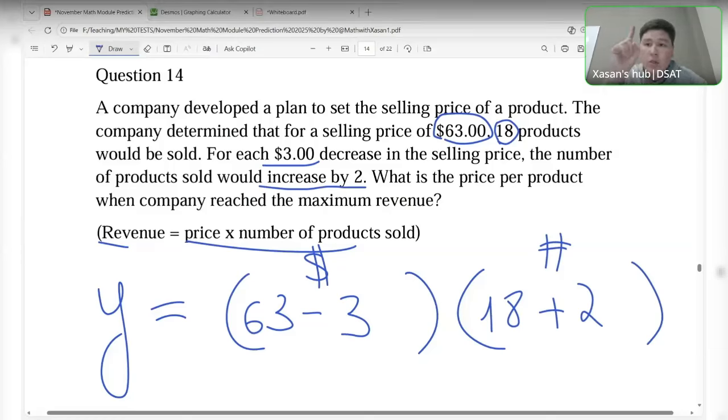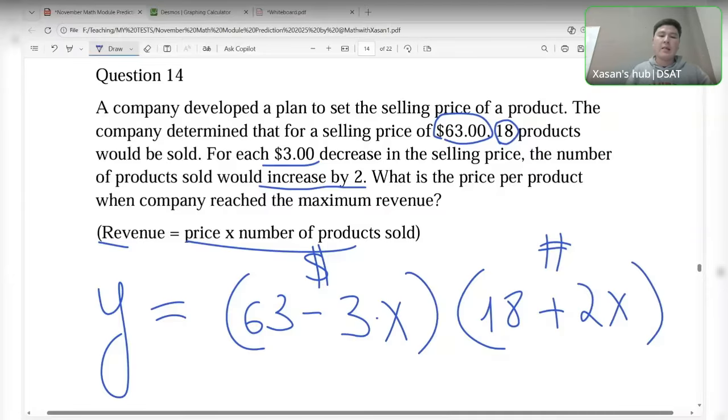And guys, one more thing here, we don't know how many times the price is decreased, right? Maybe 2, 3, or 4 times. So therefore, I'm gonna write it like X. 3 times X. And the same for this side, because if the price changes, it also affects the number of products.